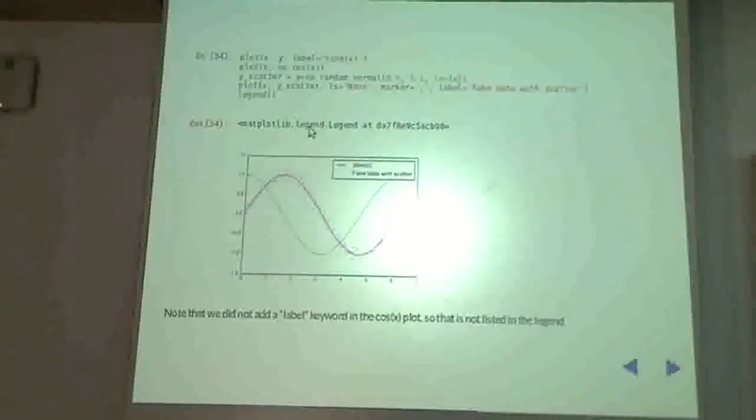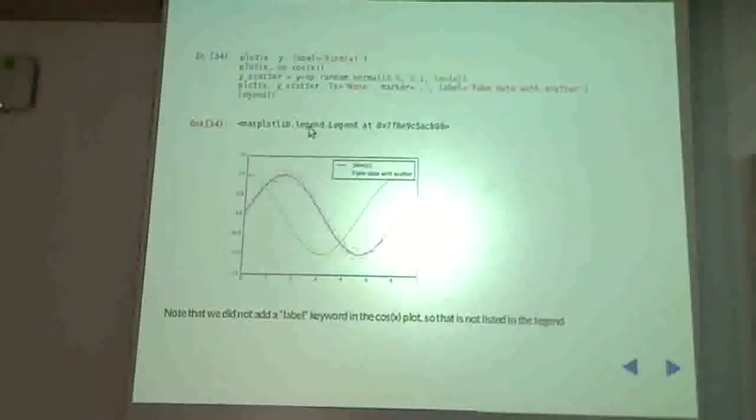No. Label is just a string. It's just an identifier of what the object is, so you can't really specify other than the text that you want there. You could specify, for example, raw text.